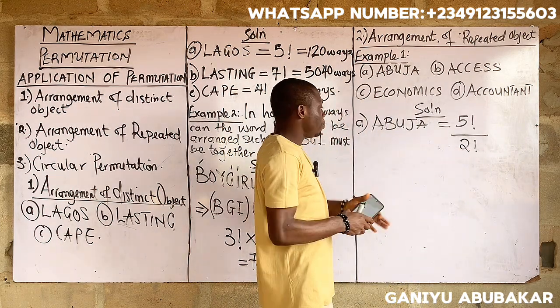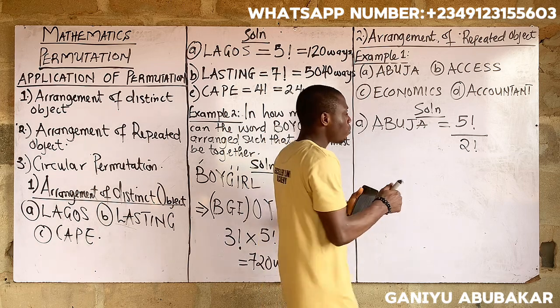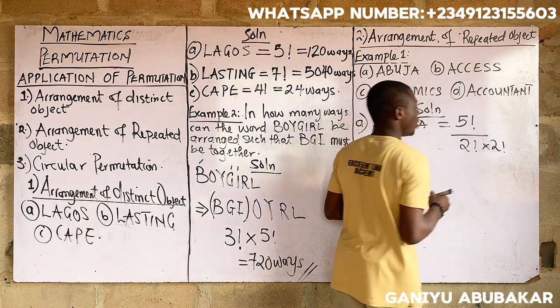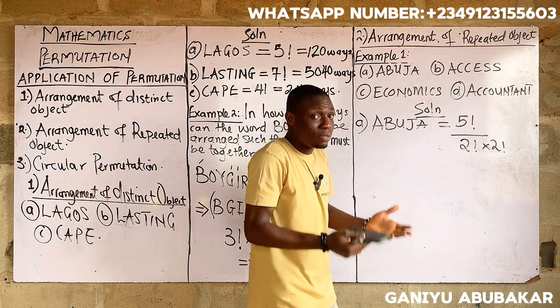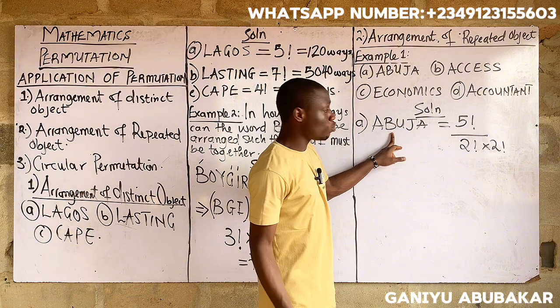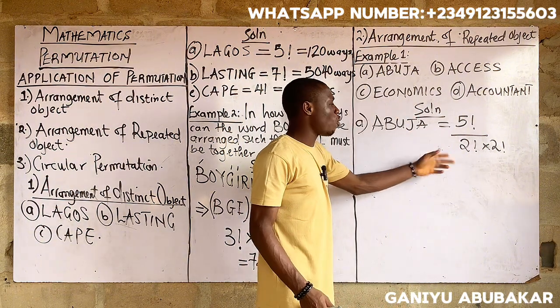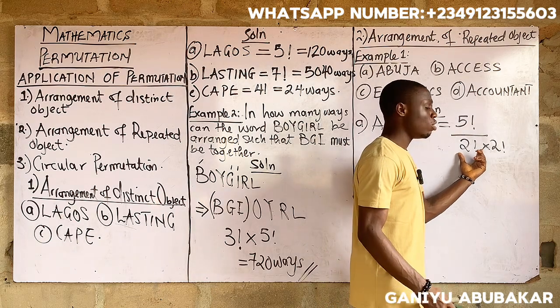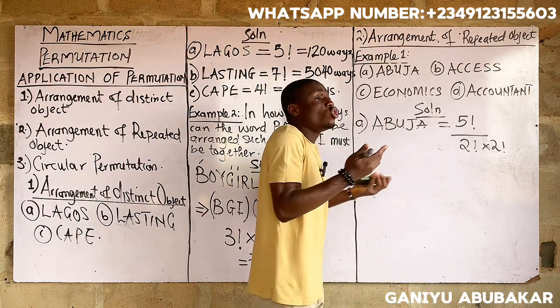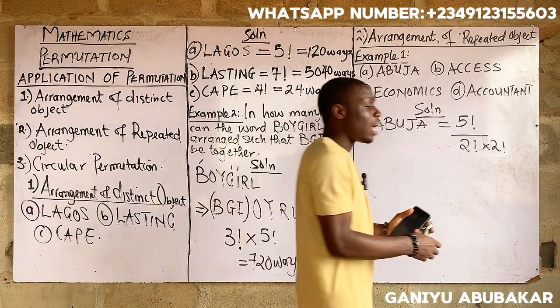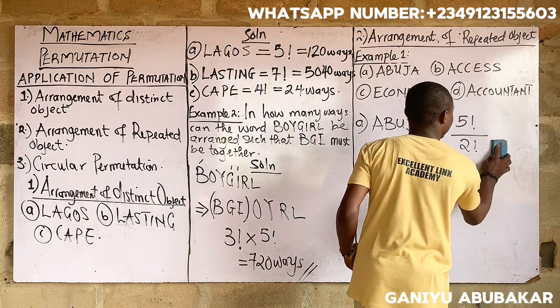Let's say, for instance, B occurs 2 times, that becomes times 2 factorial again. But in this case, it was just A that occurs 2 times. That becomes a 2 factorial for A alone. Nothing else occurs again, so I'm stopping at 2 factorial.